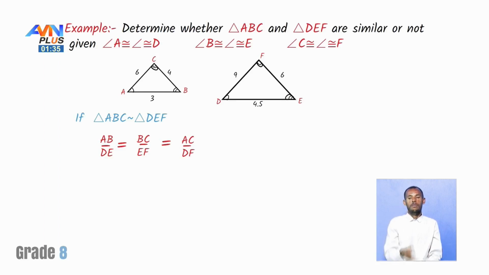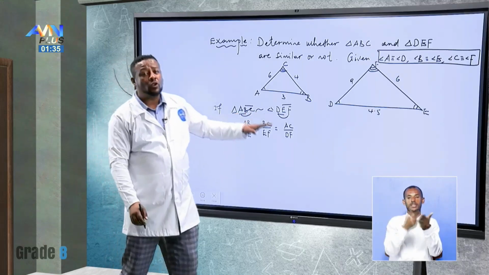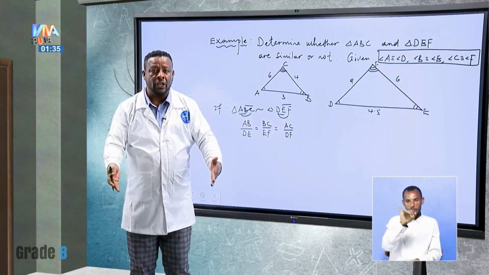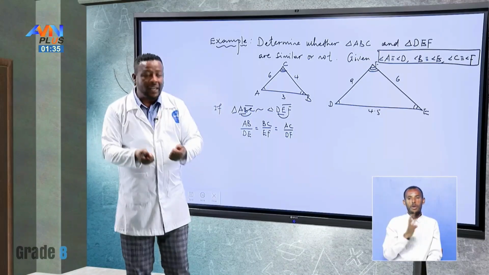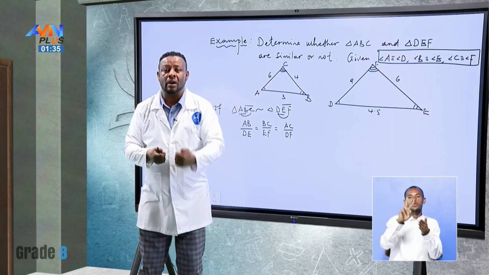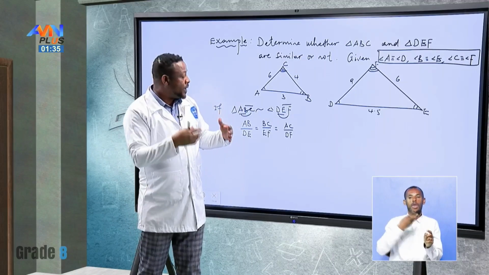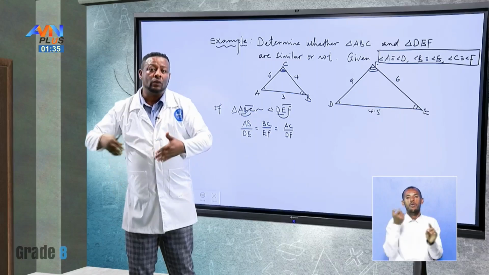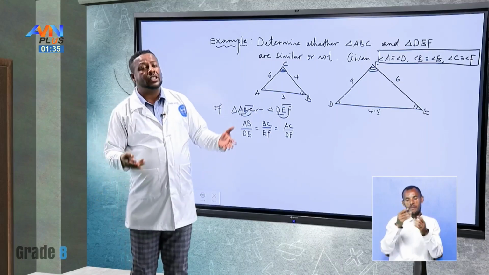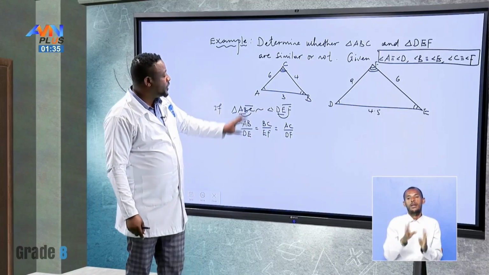We need to check whether these ratios are the same or not. If all these ratios are the same, we can say that these two triangles are similar. But if we get one value which is different from the other, the second condition fails. That means the two triangles are not similar. So let's keep calculating these ratios.